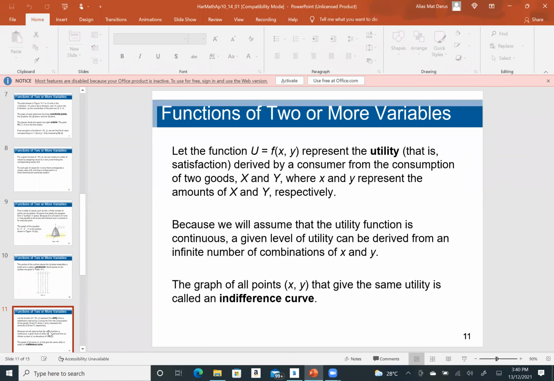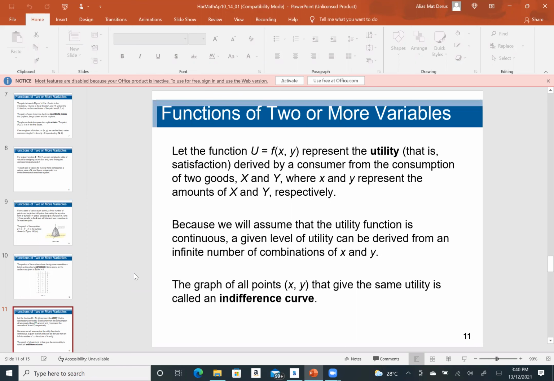Firstly, utility. As you know, utility is what? Utility is a measure of satisfaction. U is a function of more than one good. U is a function of, for us, two goods, X and Y. X and Y can be any good. And that is one example.